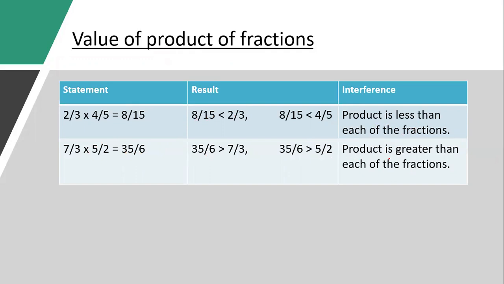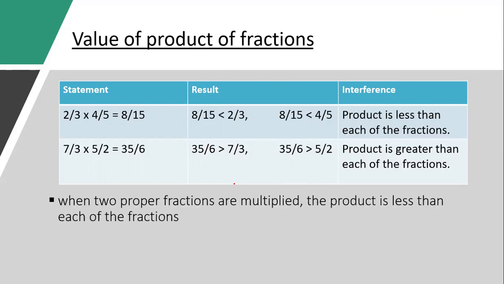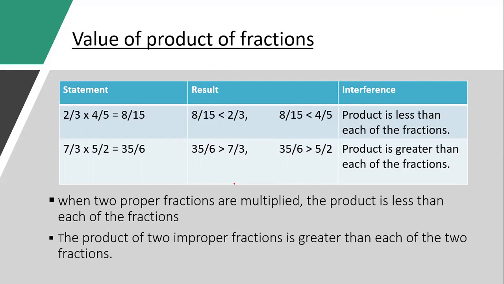So here the product is greater than each of the fractions. So from the above examples, we can infer that when two proper fractions are multiplied, the product is less than each of the fractions, and the product of two improper fractions is greater than each of the two fractions.